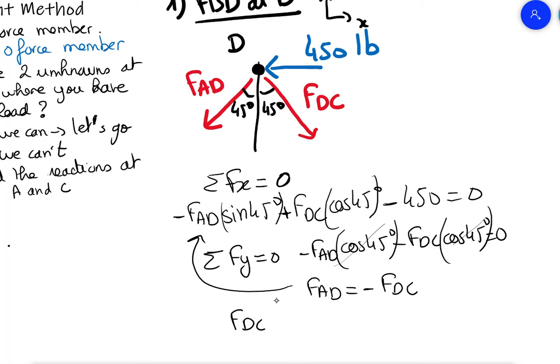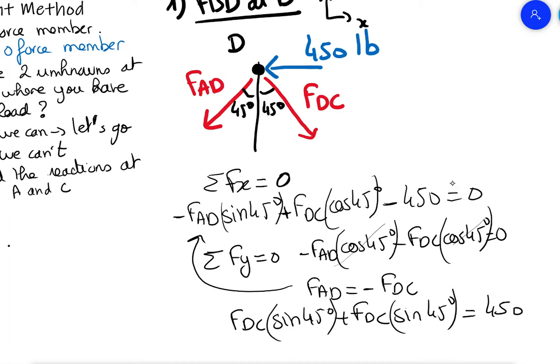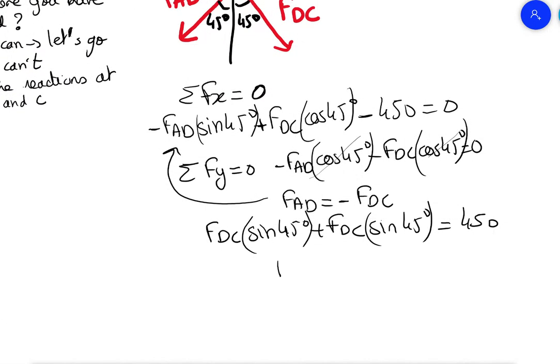Yes, minus plus. So FDC sine 45 plus FDC sine 45 is equal to 450. So FDC is equal to 450 divided by 2 sine 45 degrees.